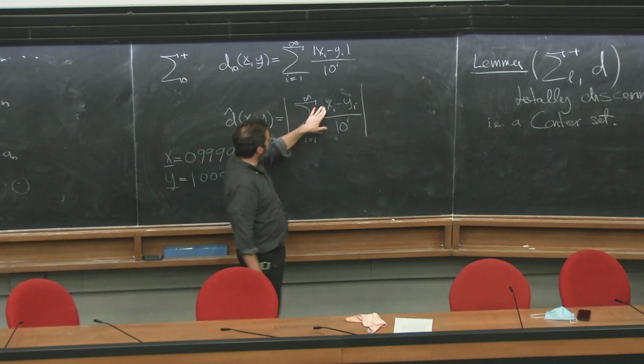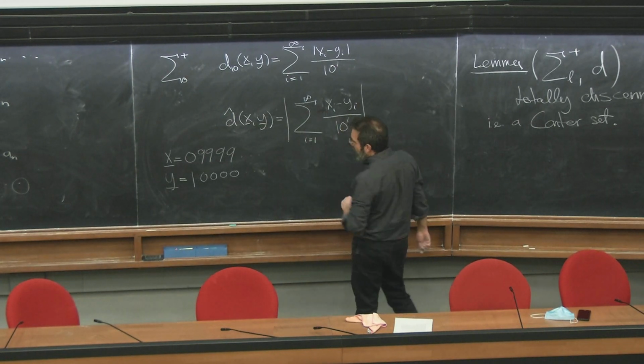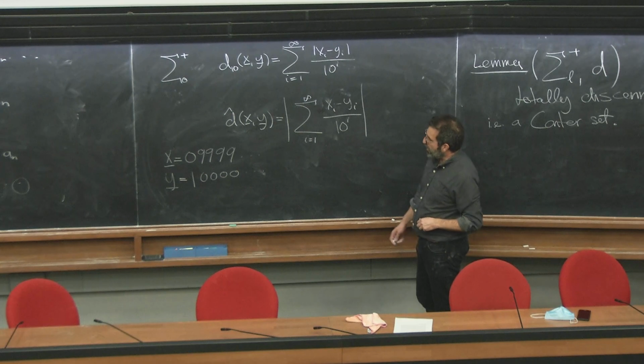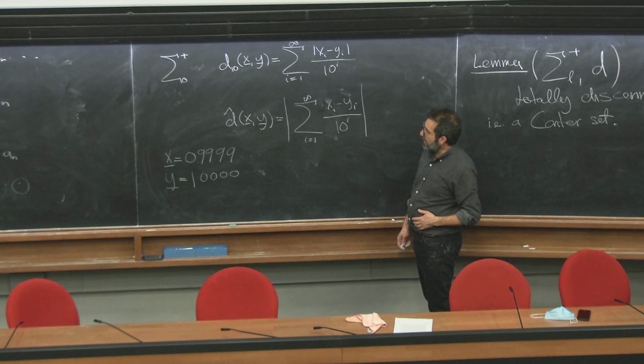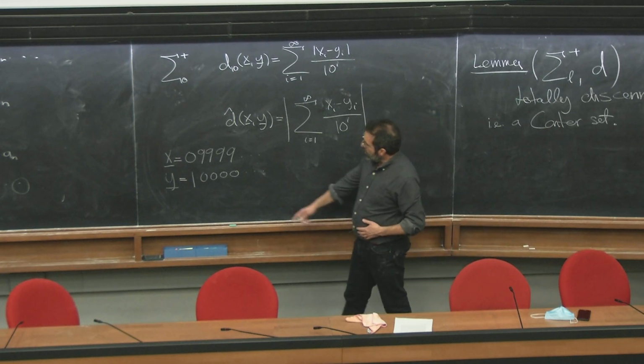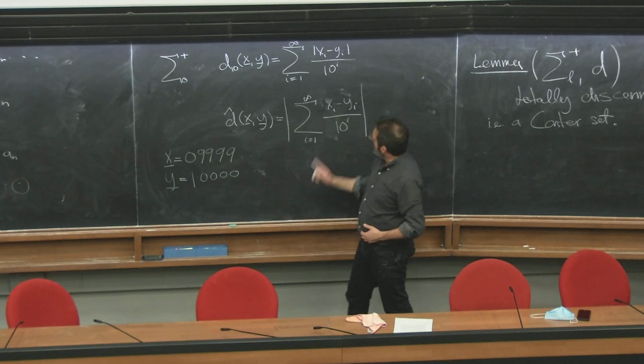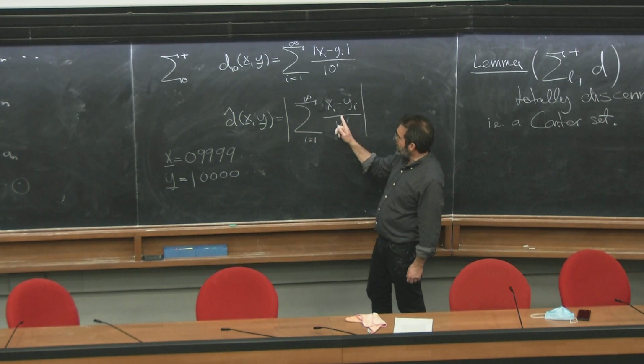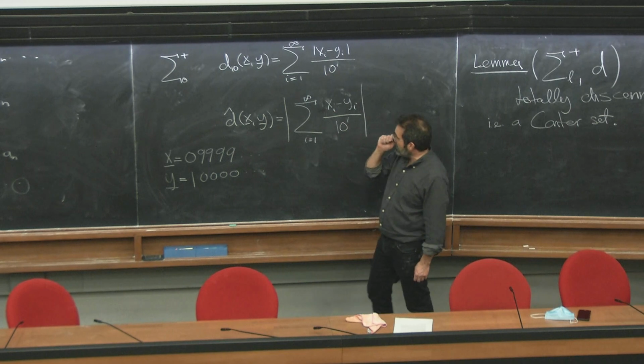then you can check that the distance between these two points is 0, because you don't have an absolute value here, so the sign comes in, right?